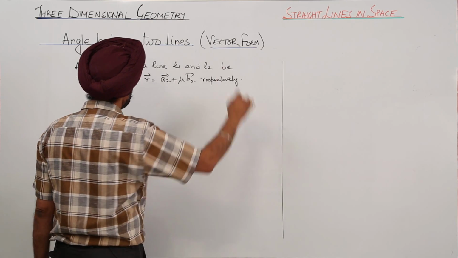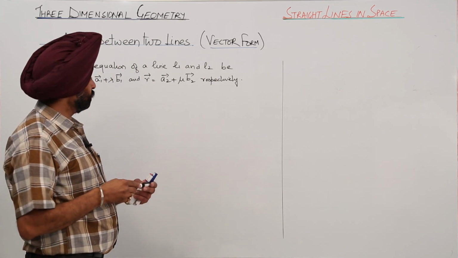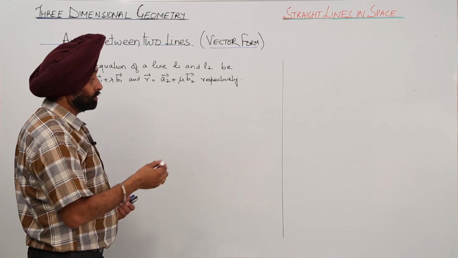So we have written two equations in the vector form for the two lines.